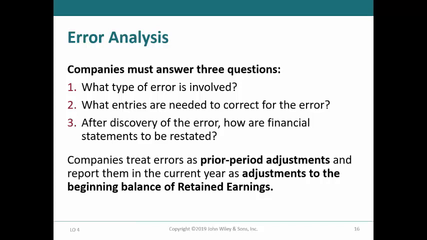Also, if the company presents comparative financial statements, they would need to determine whether prior periods need to be restated. Errors that require prior period adjustments will be corrected by adjusting the assets and liabilities affected by the error and retained earnings for the income statement effects.